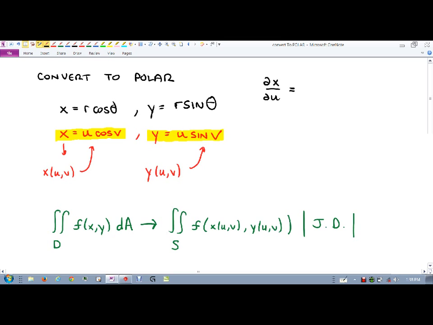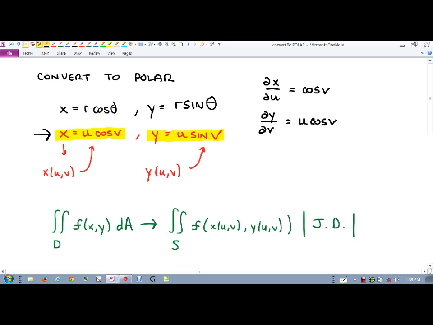What is it? Cosine v? Everyone okay with that? Taking the partial of this equation right here with respect to u, and then I'm supposed to multiply that by partial y with respect to v, which is u cosine v.